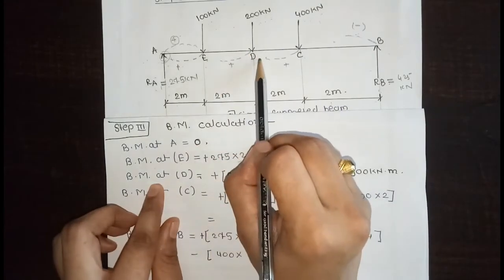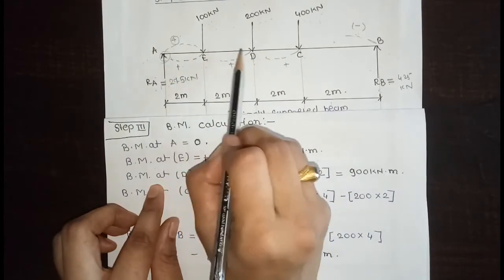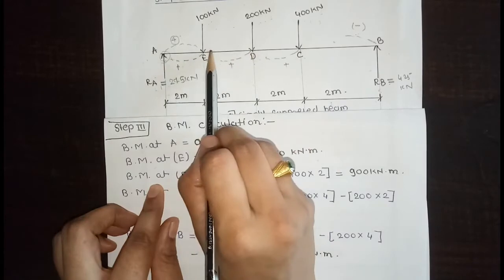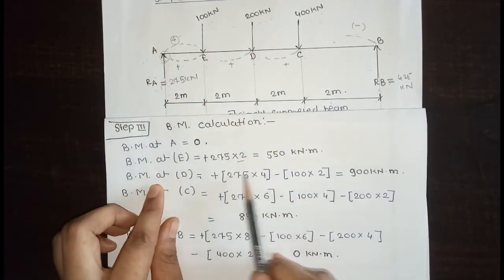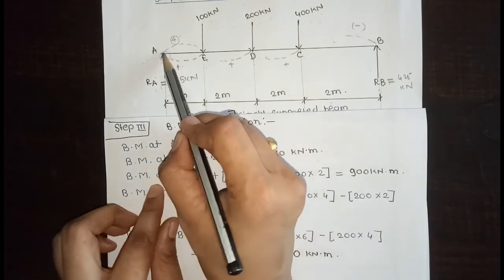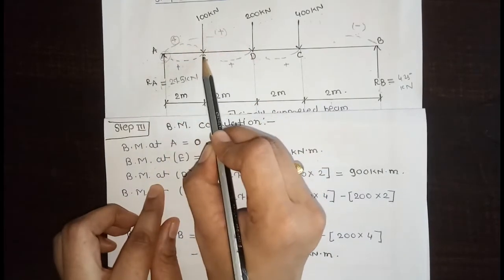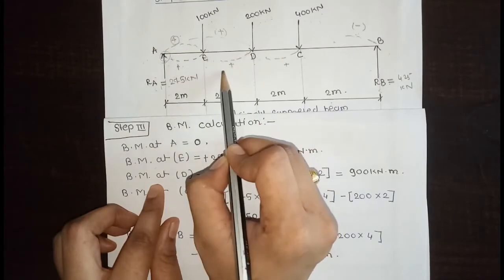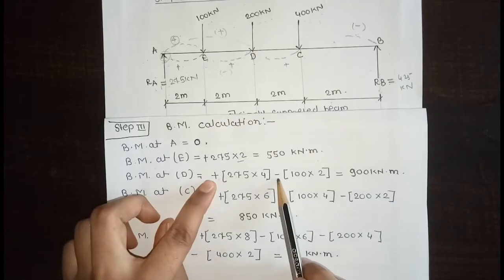Then bending moment at point D is equal to. How many forces are in the left section from point D? 1, 2. Only 2 forces are there, so 2 brackets are there. Then decide the rotations. This is the clockwise, which means plus, and this is the anti-clockwise, which means minus.